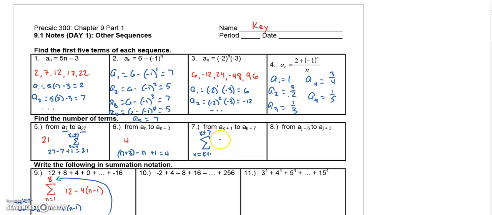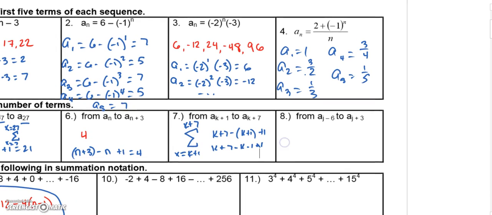So I want to do my top number minus, in parentheses, my bottom number, and then I always add 1. This gets me k plus 7 minus k minus 1 plus 1. It's really messy. K's cancel out. I got 7 minus 1 plus 1 gets me 7 terms.